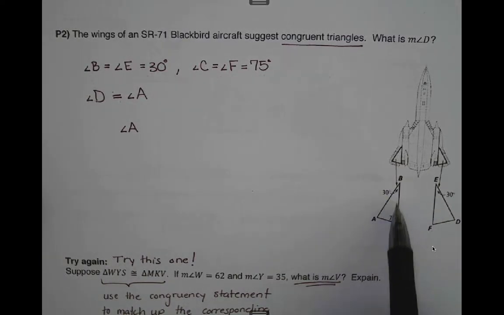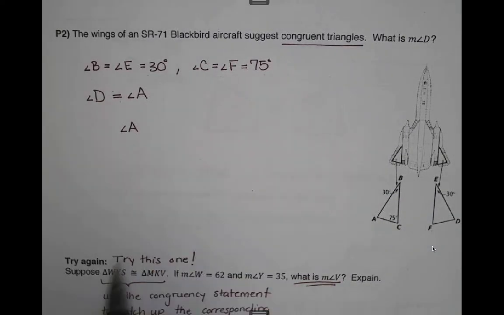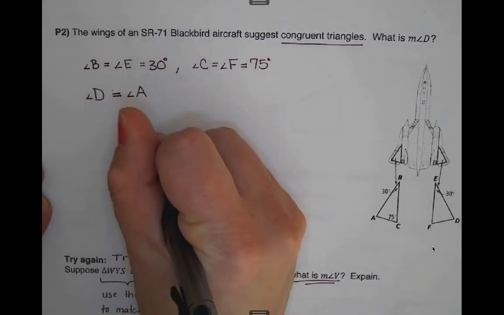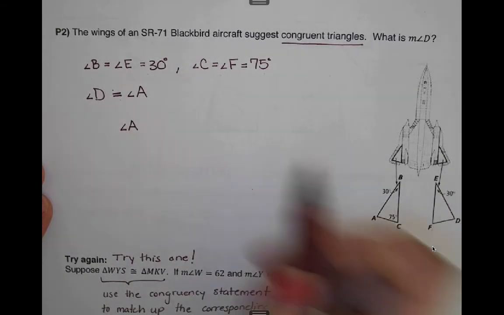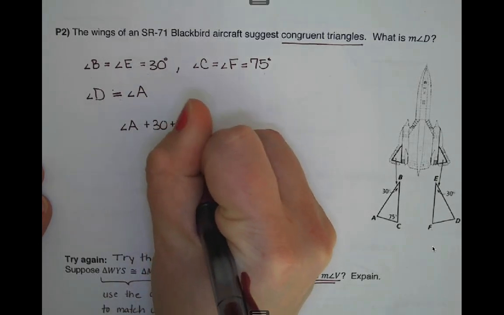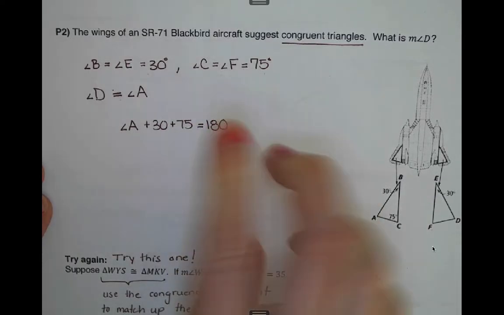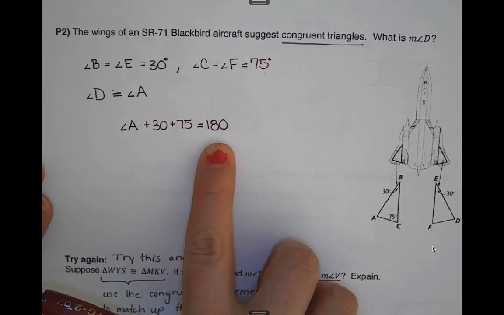Since we know the triangle angle sum theorem, I'm going to find the measure of angle A using the triangle angle sum theorem. So angle A plus 30 plus 75 should equal 180 degrees. The three angles in a triangle sum to 180.